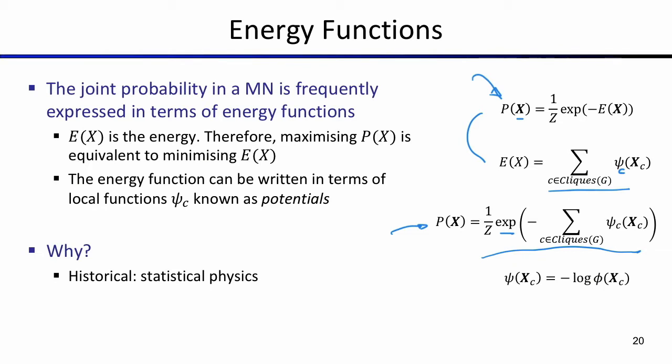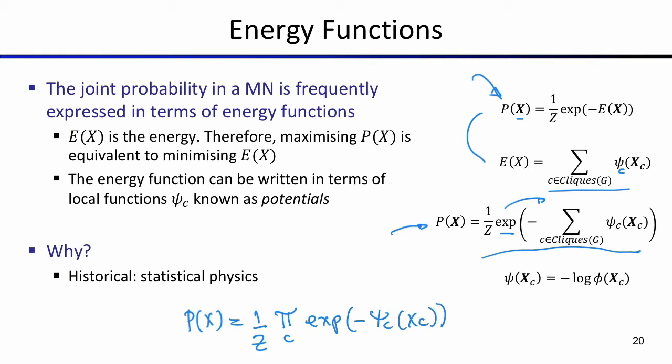To make it clearer, the probability of x is 1 over Z, and now we move the exponential inside and change the sum to be a product over all the cliques c of the exponential of minus psi c of xc.